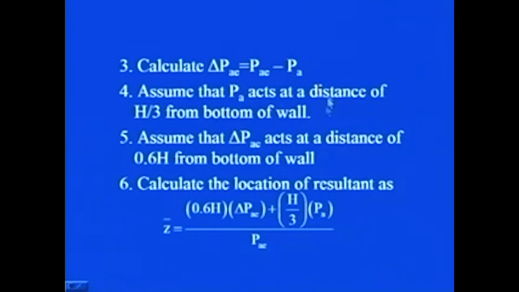Then we have to make an assumption that PA acts at a distance of h/3 from the bottom of the wall. Another assumption is that delta PAE is assumed to act at a distance of 0.6 times h from the bottom of the wall.